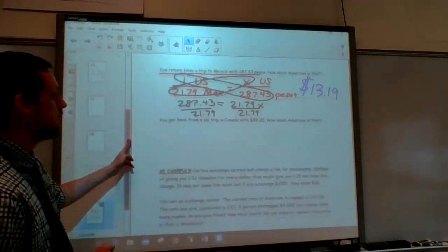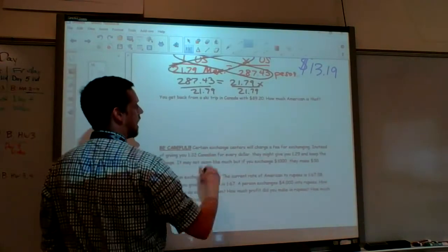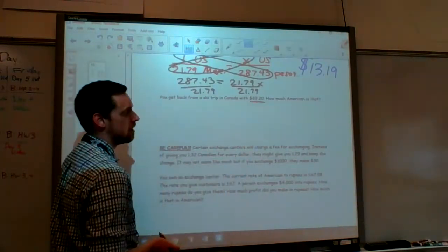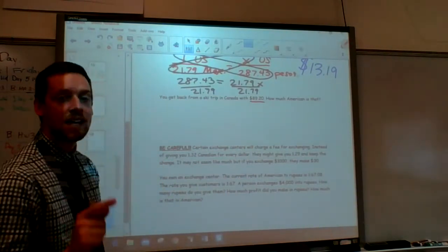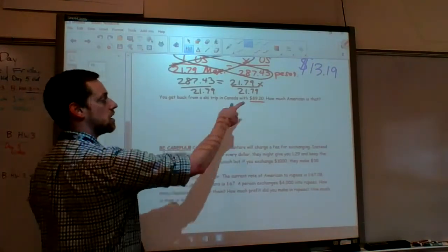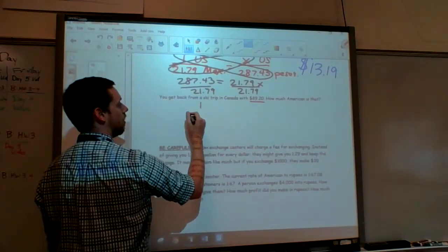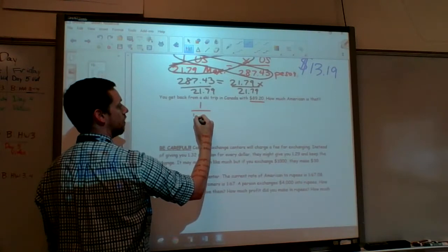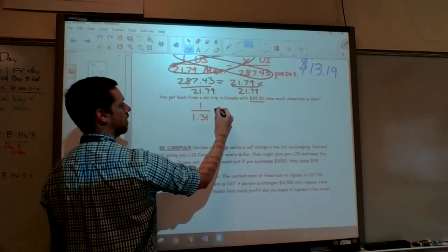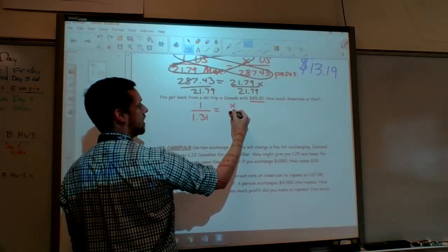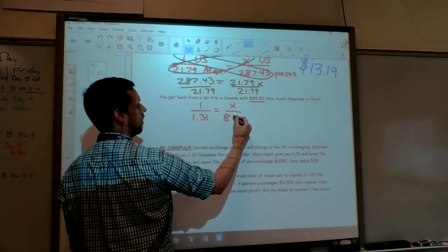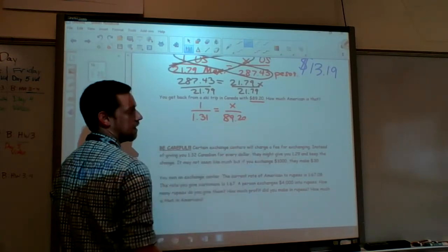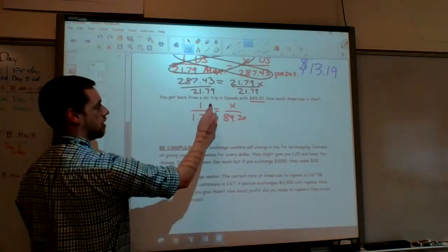Right? Same thing. In Canada, let's say I'm coming back from Canada with $89.20 in Canadian money. I want to see how much that is in American. If I do $1 US over $1.31 Canadian, that equals how many US dollars over $89.20 in Canadian? Okay, cross multiply those.